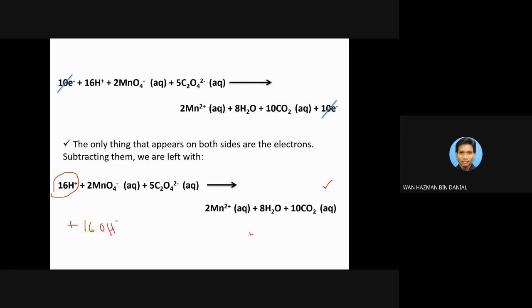Okay, clear? So bila H plus tambah dengan OH minus, dia akan jadi H2O. Okay, so akan jadi 16 H2O. At the right side, dia akan 16 OH minus lah. So dia akan jadi reaction yang berlaku dalam OH minus.